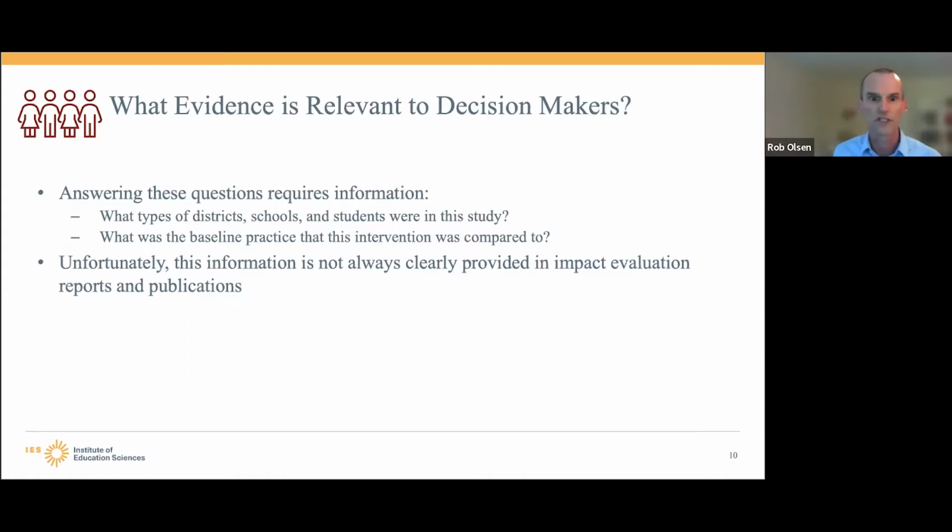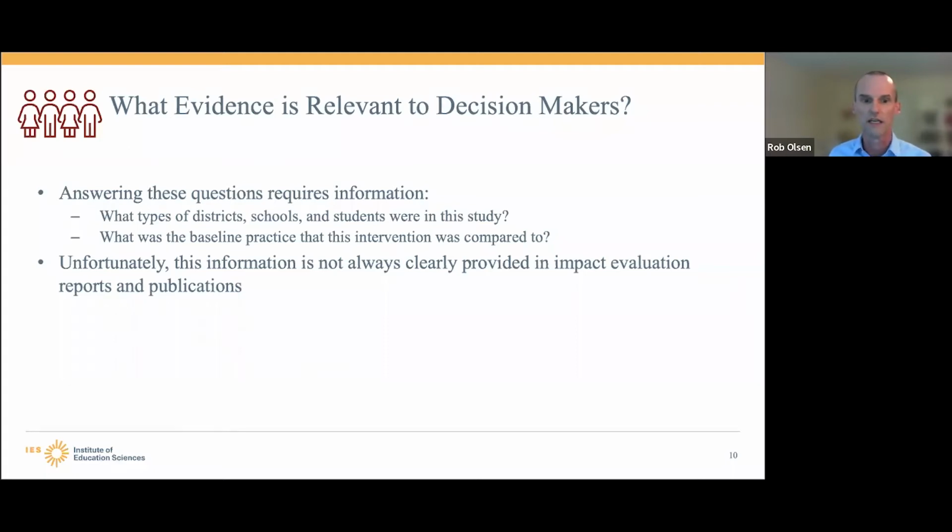So what do decision makers need to assess in trying to determine whether or not evidence is relevant to them? They need at least 2 things. The first is information on the types of districts, schools and students in the study sample to see how they compare to the districts, schools and students for which the decision maker is responsible.